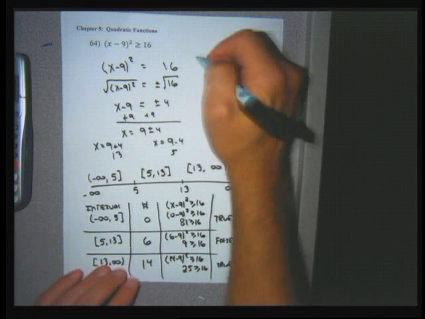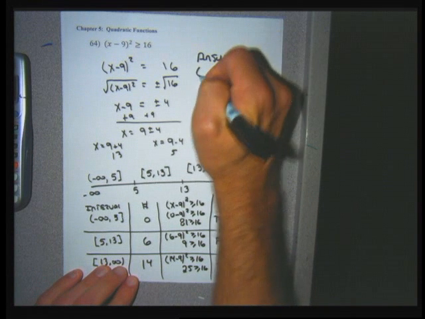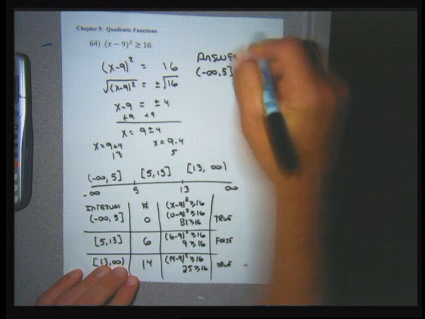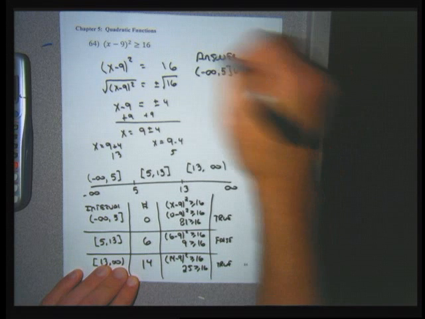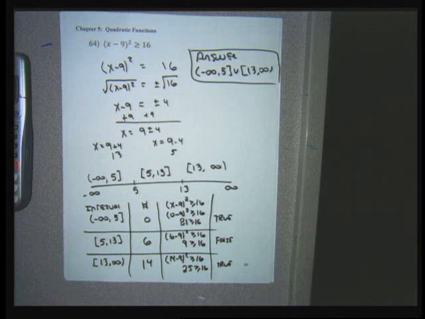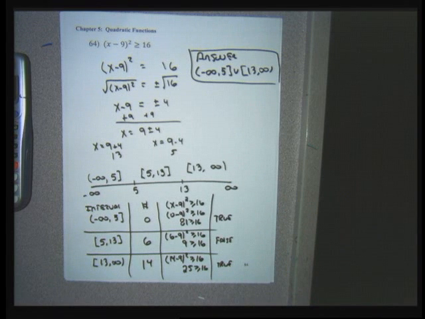And so my answer is going to be the top interval from negative infinity to positive 5, and then again the bottom interval from 13 to infinity. If you want to gamble and be lazy, if it's not a special case and it's a greater than, it's the top and the bottom interval that are going to take you to the answers.